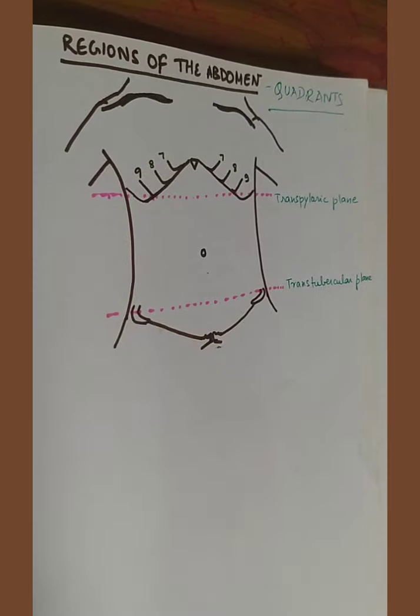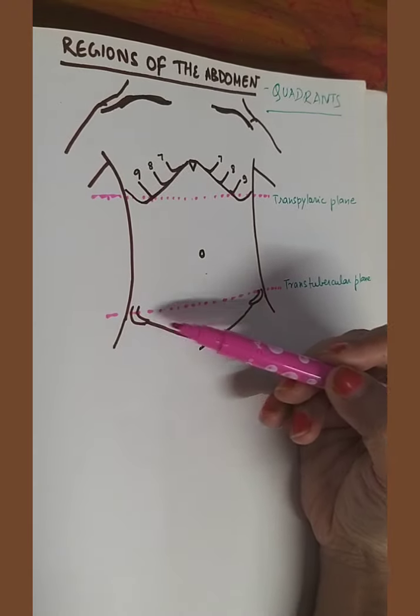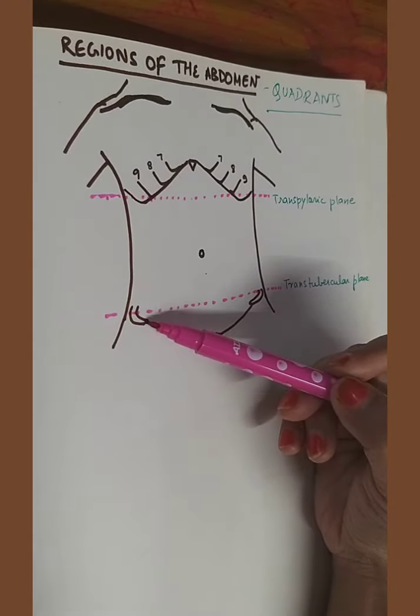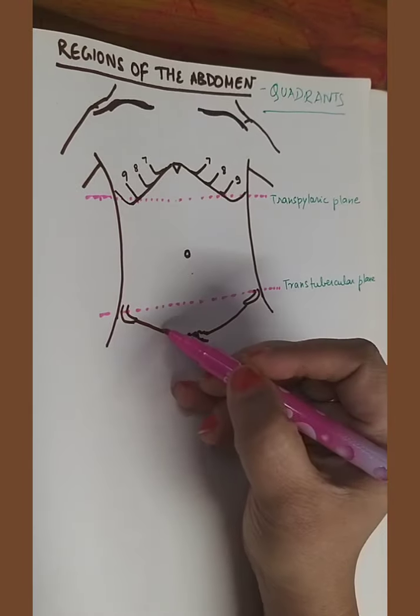Then we have the two vertical planes, the right and left lateral planes. Now these are obtained on both sides by joining the midpoint between the anterior superior iliac spine and the symphysis pubis.